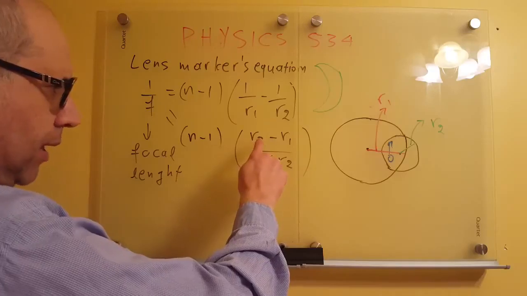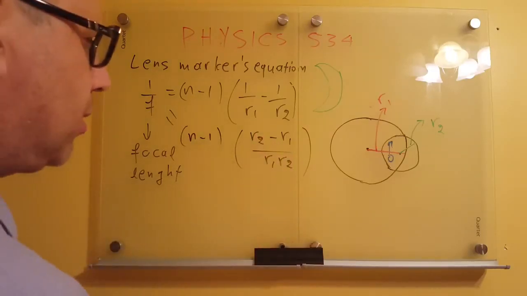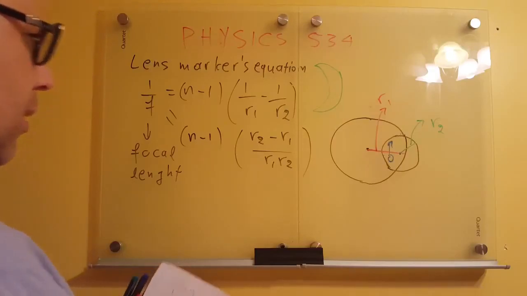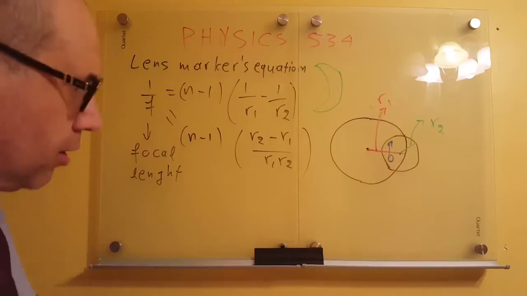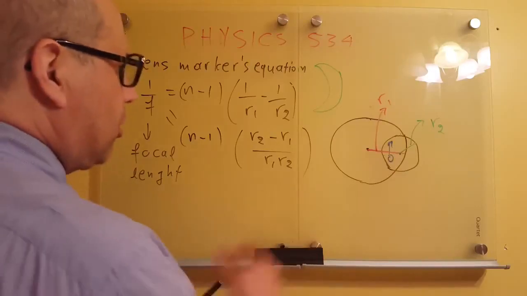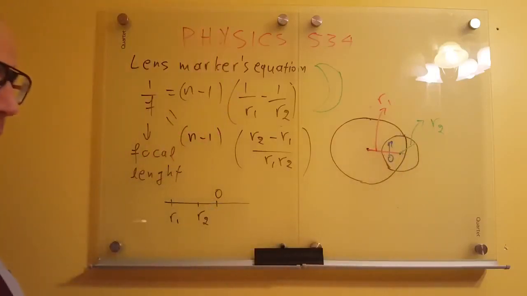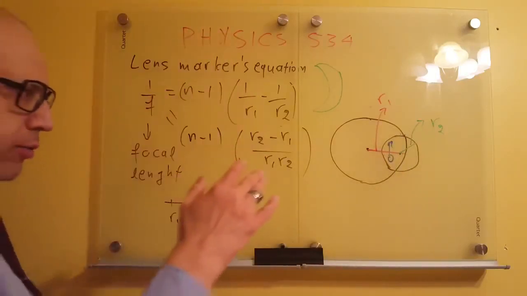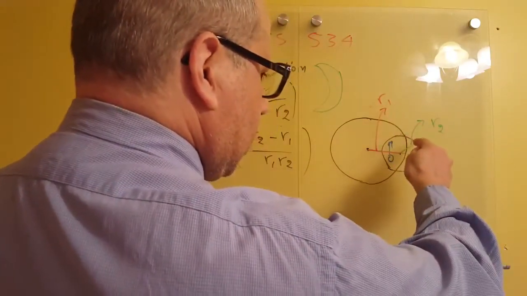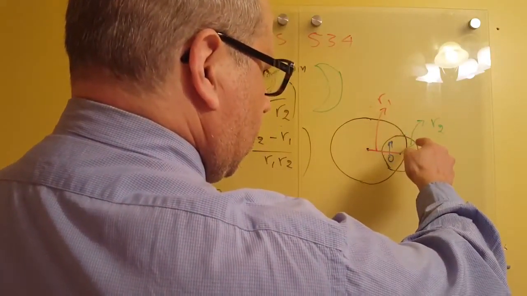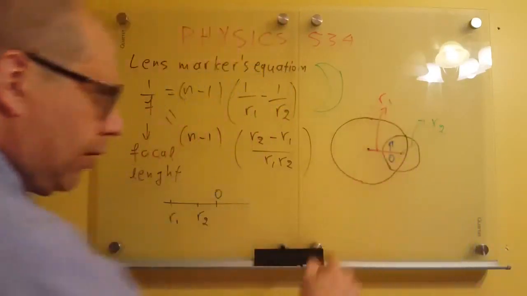And now the R2 minus R1, let's see if it's positive or negative. Now we said that the absolute value of the R2, you see it here, is smaller than the absolute value of R1.